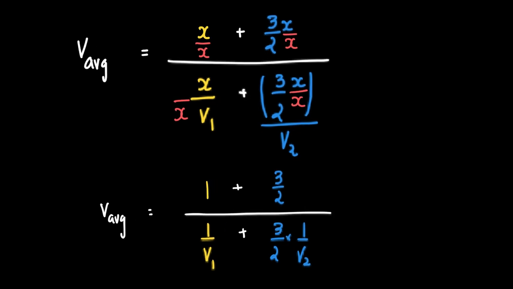The next step is we divide this complete equation by x on the right side. So x by x is 1, x by x is 1. And what we get is 1 plus 3 by 2, over 1 by V1 plus 3 by 2 V2. Okay.